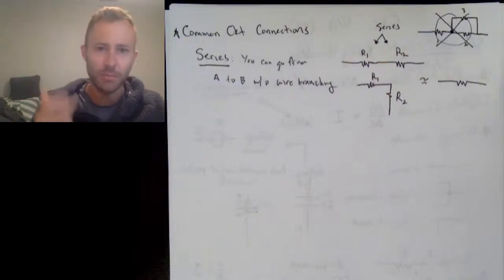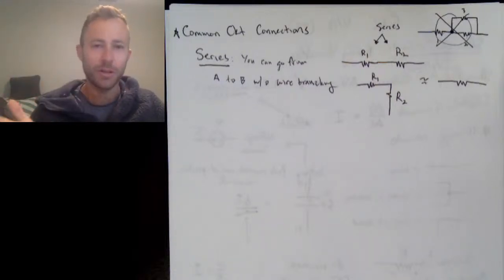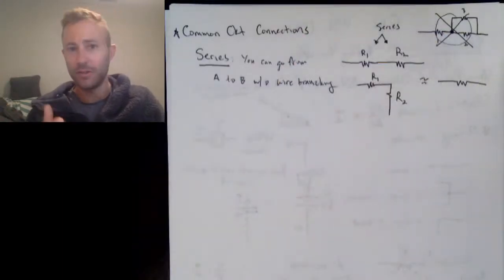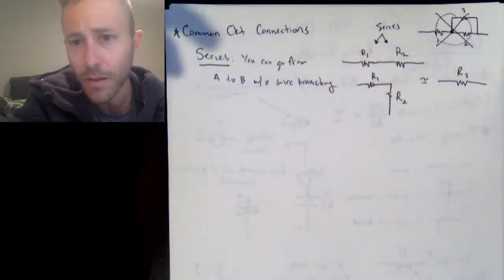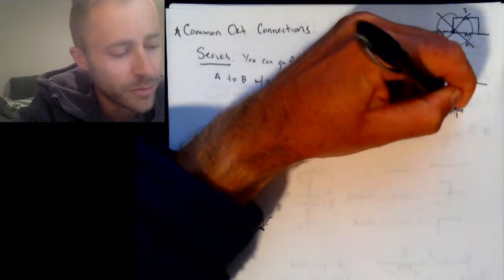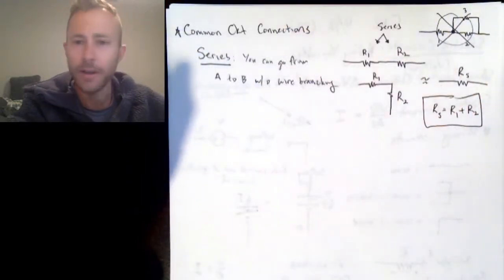It's just trying to push out as much current as it can. So from the perspective of a battery, two resistors in series looks just like a single resistor, which I'll call R sub S. And R sub S is equal to the sum of the two resistances.